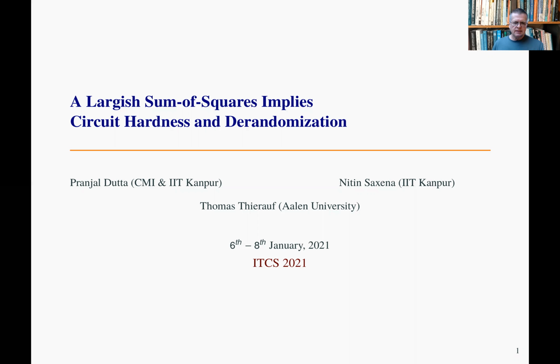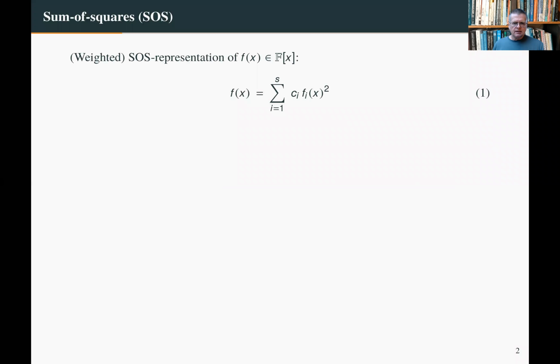We show that lower bounds for sum of square representation of polynomials imply lower bounds for circuits. Let us start with sum of square representation. So given a polynomial over some field, polynomial is here univariate.